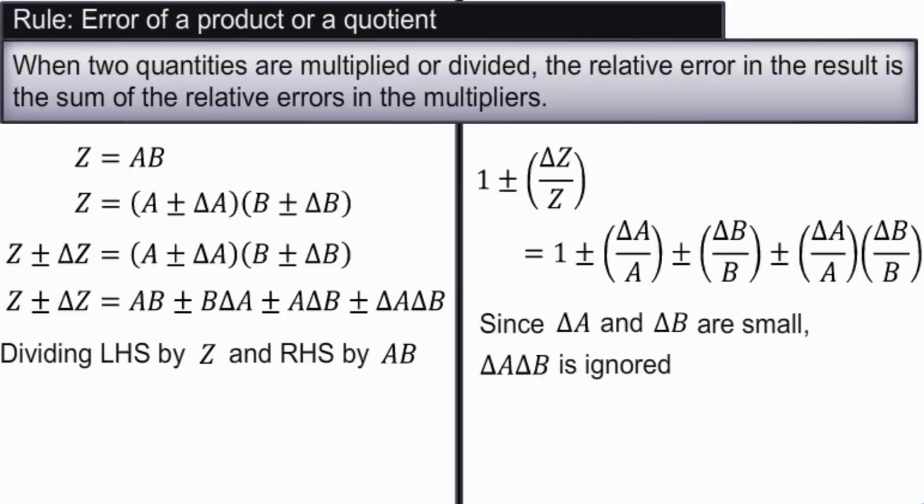Hence, the maximum relative error ΔZ/Z = ΔA/A + ΔB/B. This holds true for division as well.